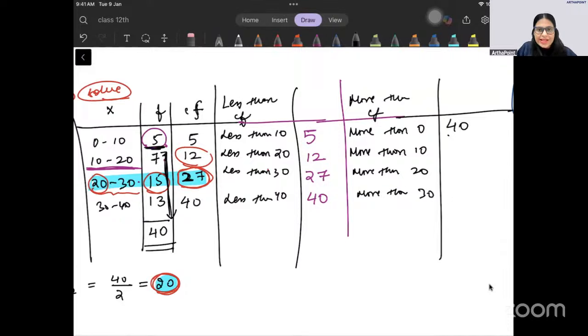These observations lie between 0 to 10. So how many are more than 10? You get 35. How many are more than 20? These observations lie above 20, right? So how many are more than 20? 28. How many are more than 30? 13. How many are more than 40? 0.